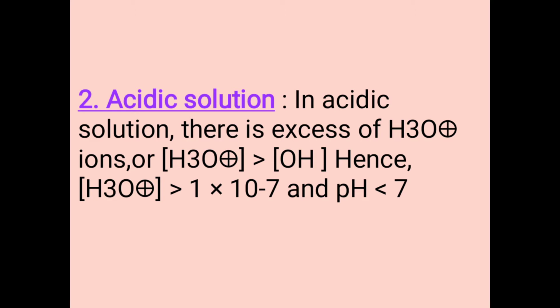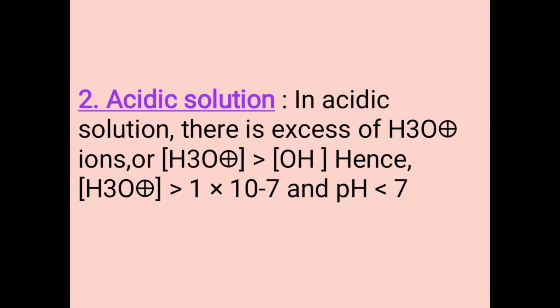The concentration of H+ ion or H3O+ ion is greater than 1 × 10^-7. 10^-7 is the concentration in a neutral solution. Means if the concentration of H3O+ ion is higher than 10^-7, then pH is less than 7.